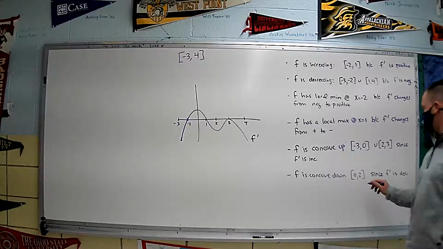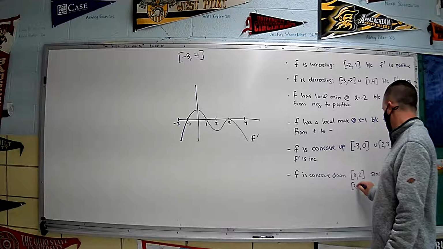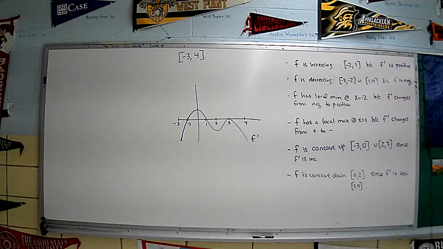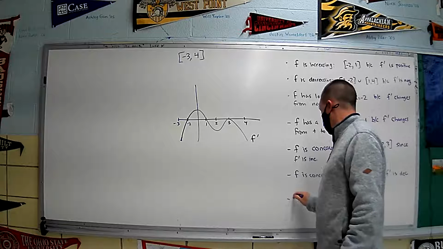Also from 3 to 4. So while I was screwing around with the computer, you guys figured out the connection here that, I now know the points of inflection. F has points of inflection.